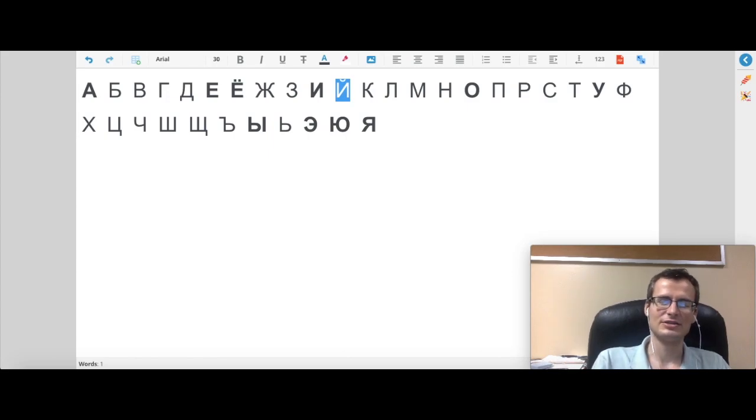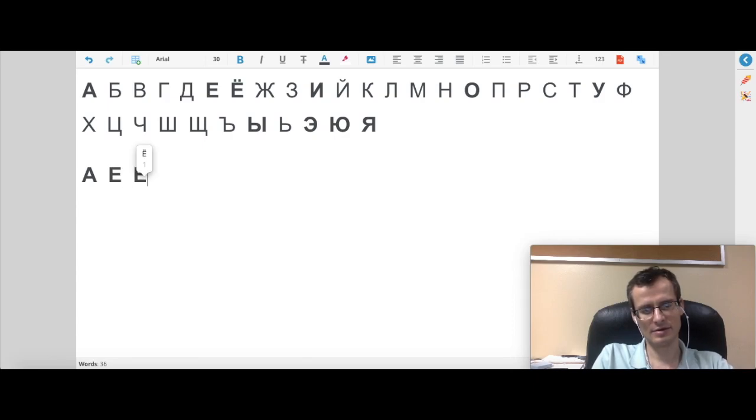So it does not really sound like a vowel. Okay, so once again, here are the vowels: А, Е, Ё, И, О, У, Ы, Э, Ю, and Я. All right.